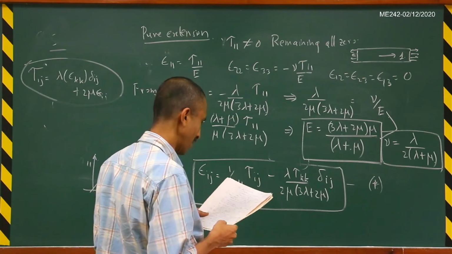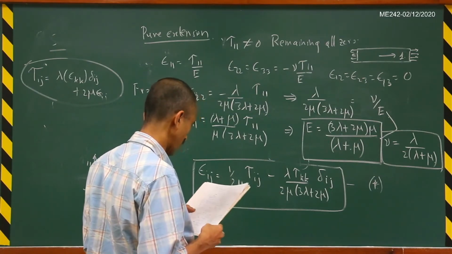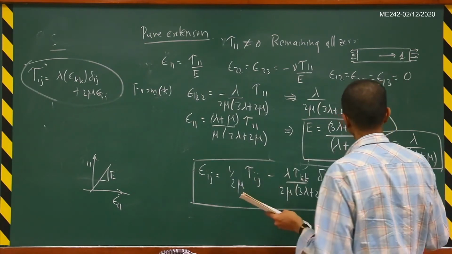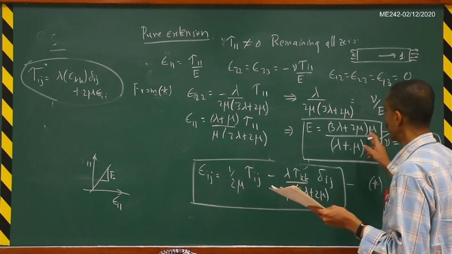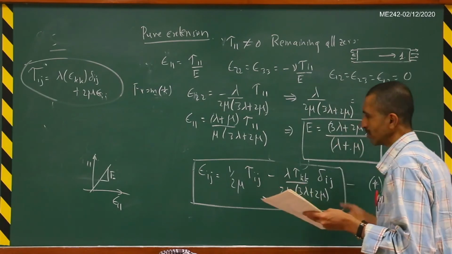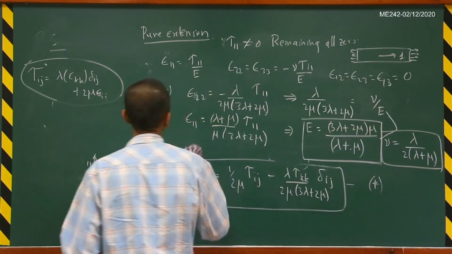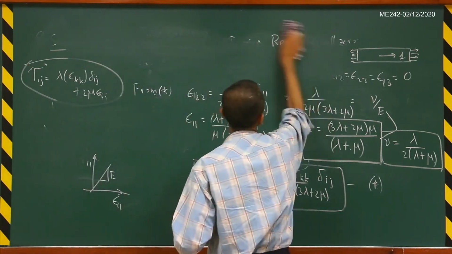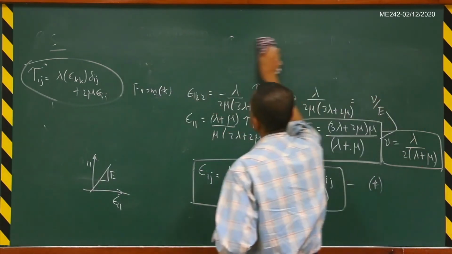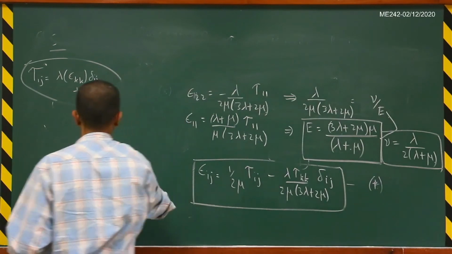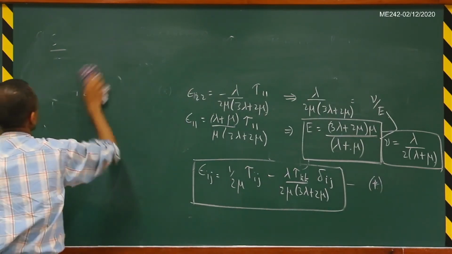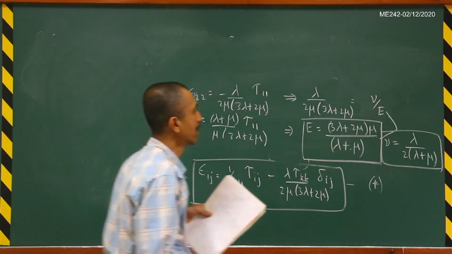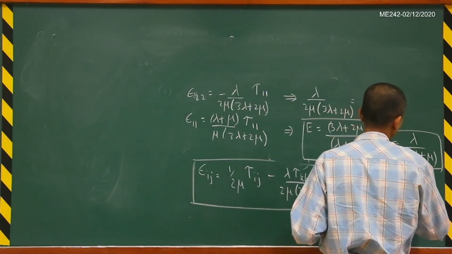Then similarly I can now invert, right? I can invert these two relations, and then I can find lambda and mu in terms of E and mu also. Correct? So let us do that. Let me call these two relations double star.